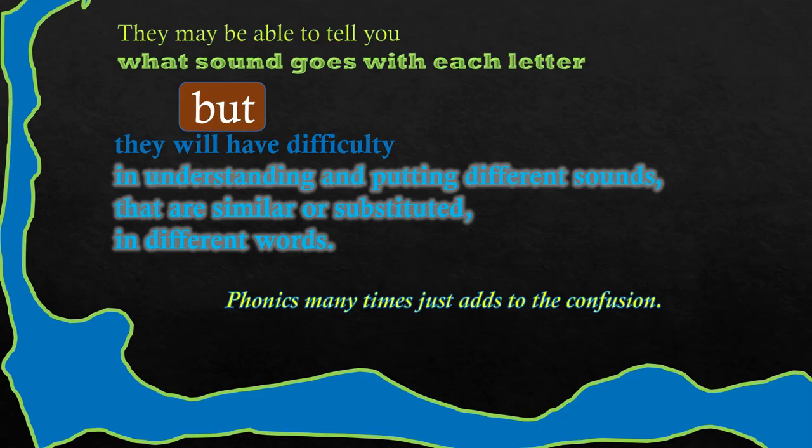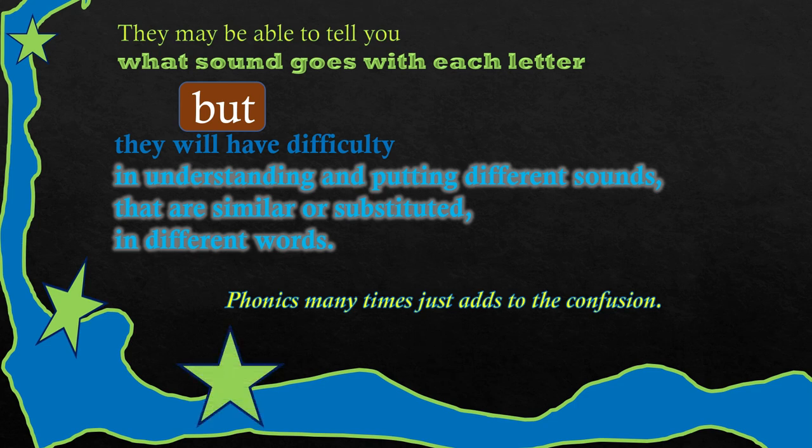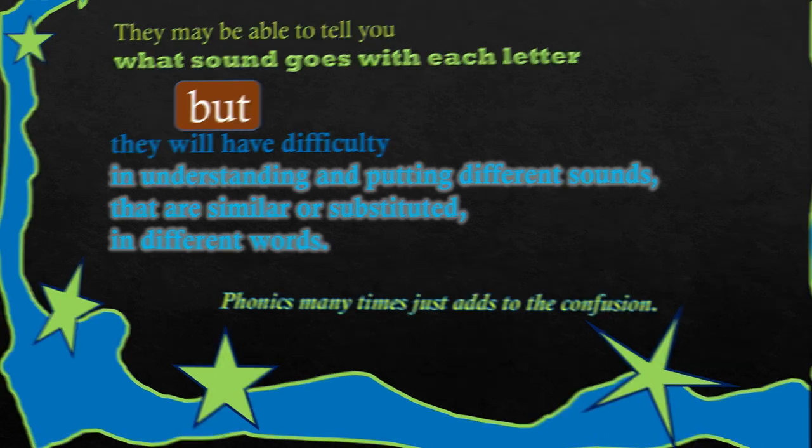They may be able to tell you what sound goes with each letter, but they will have difficulty in understanding and putting together different sounds that are similar or substituted in different words. Phonics many times just adds to the confusion.